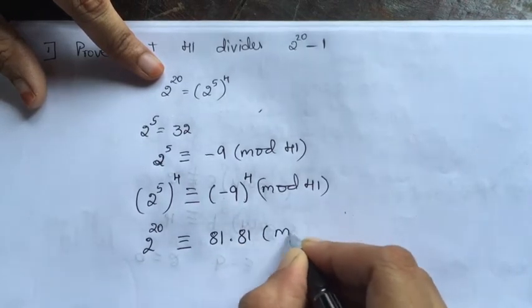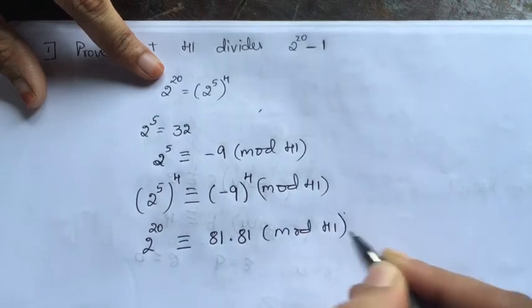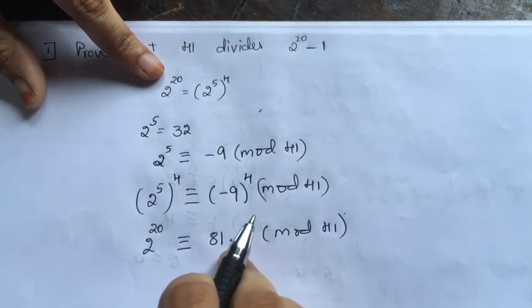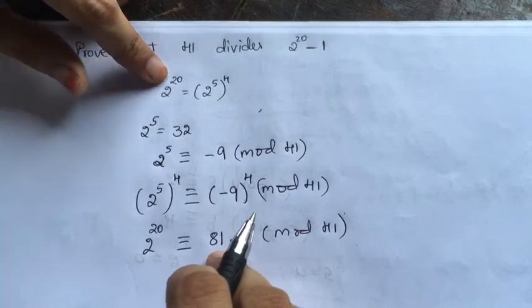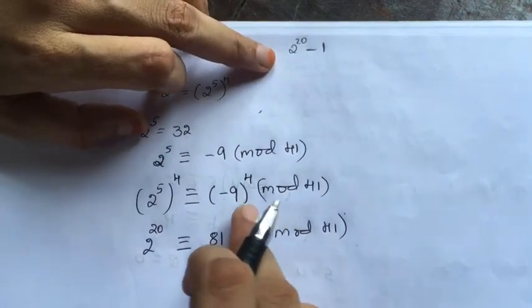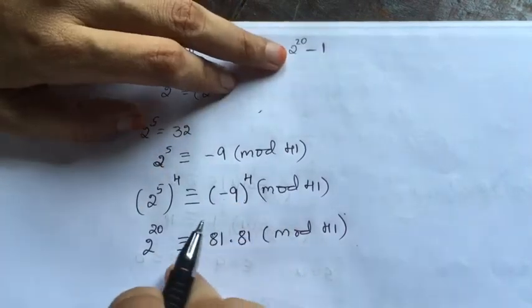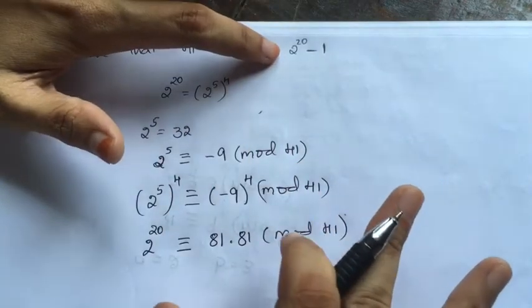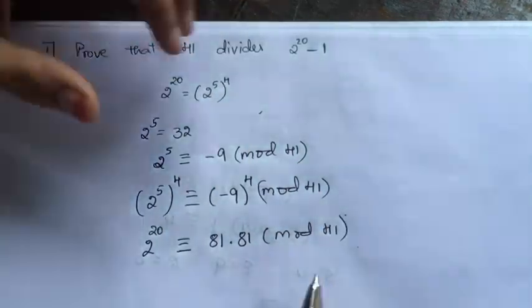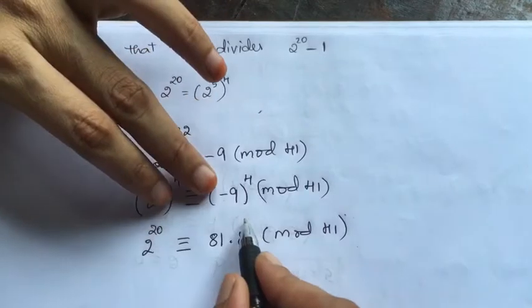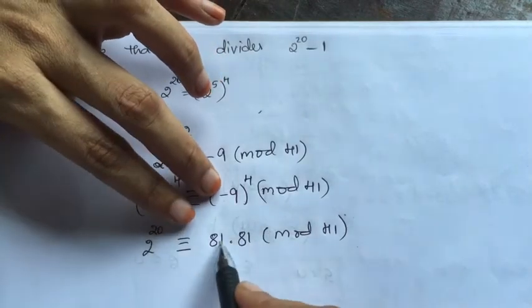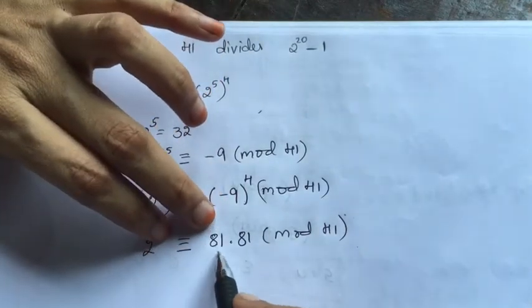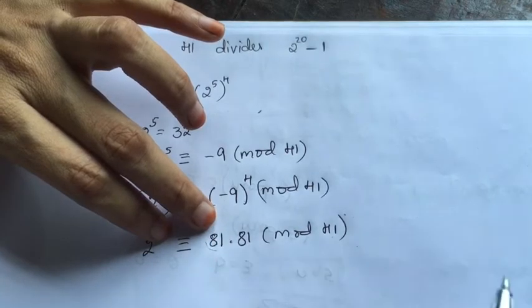Why I am writing like this is, I should get smaller values over here so that if I get 1 over here, then getting the answer is quite easy. To get minus 1 over here, instead of multiplying these two, I can just check this 81 modulo 41.